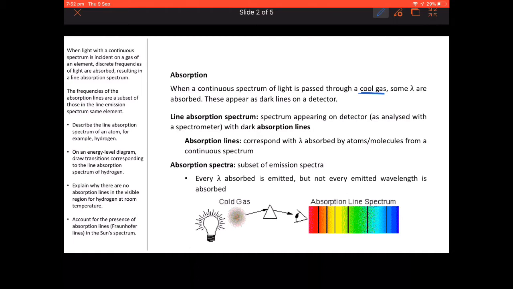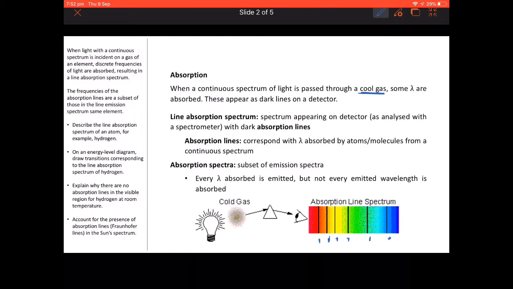So it's the incomplete continuous spectrum because certain wavelengths have been absorbed by the atoms in the cool gas. The absorption lines correspond with the wavelengths absorbed by atoms or molecules from the continuous spectrum. So the absorption lines are these missing wavelengths here.